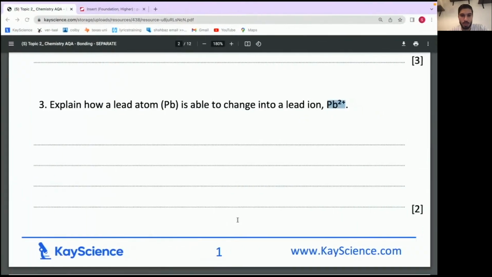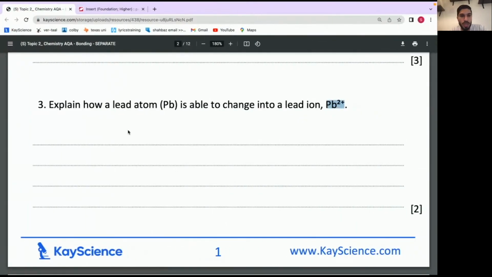Now I want to go back to this question. I want you to attempt this yourself. Explain how a lead atom, Pb, is able to change into a lead ion. I'm going to give you 1 minute to do this, either on a piece of paper or in the chat section, and I will give you feedback once I have read your answer.